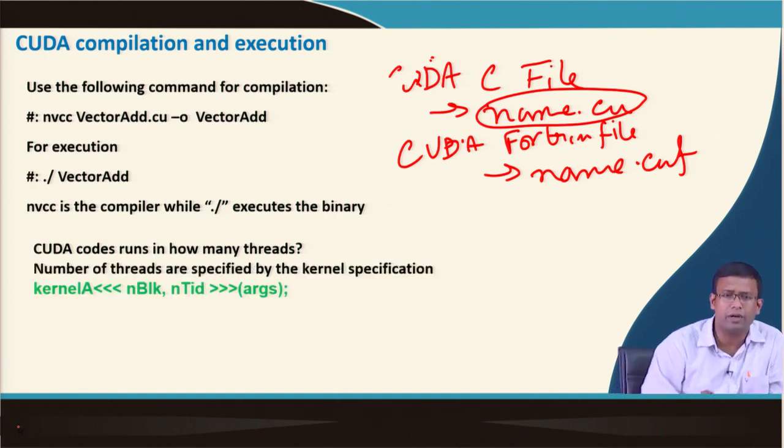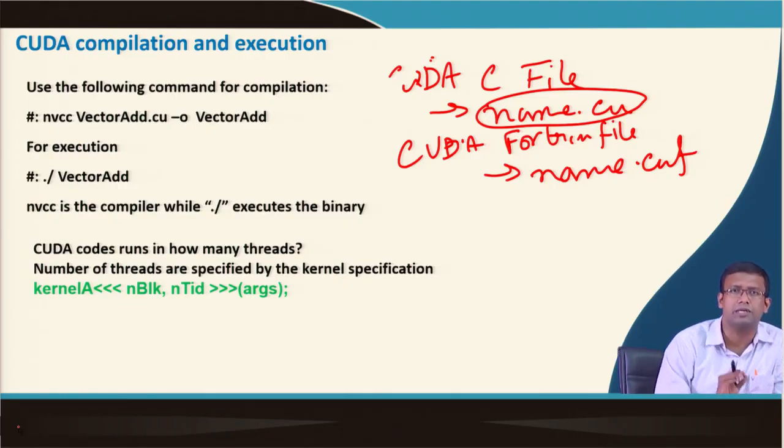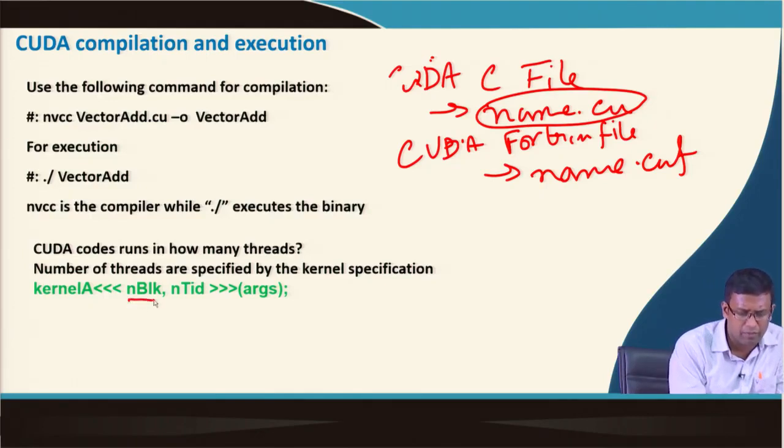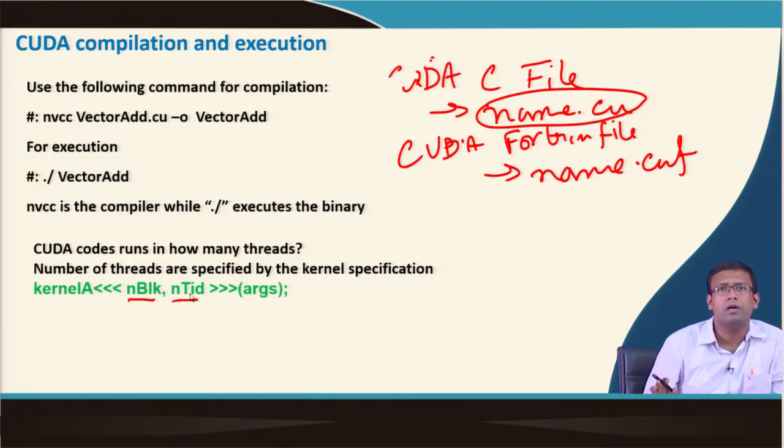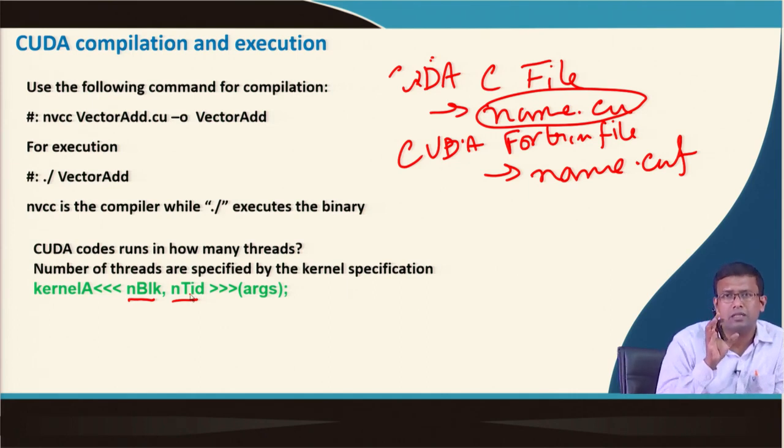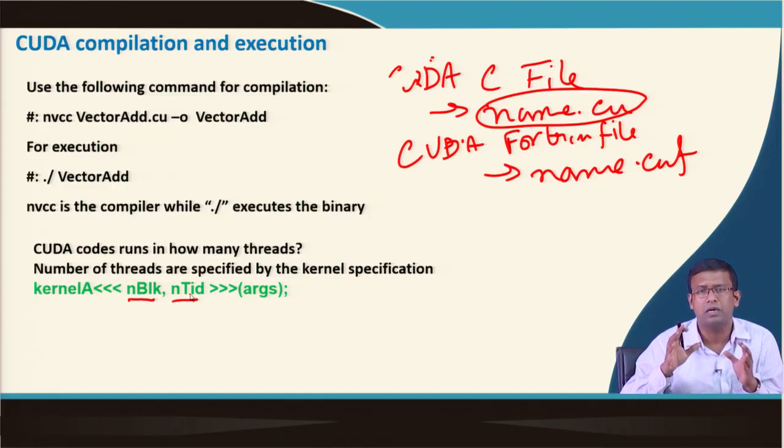Only inside the program, when you use the kernel specification, we can specify it. The kernel is the function which will be called by the CPU and executed in the GPU. We can specify the block number and thread number, and the kernel will be executed as a grid of blocks. Each block will have a number of threads.